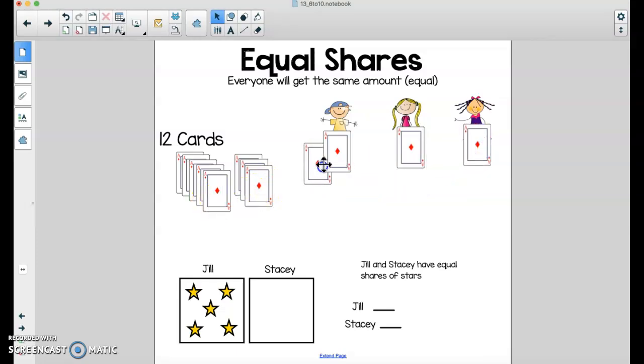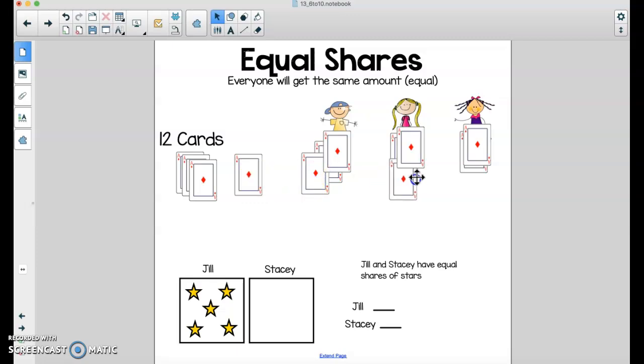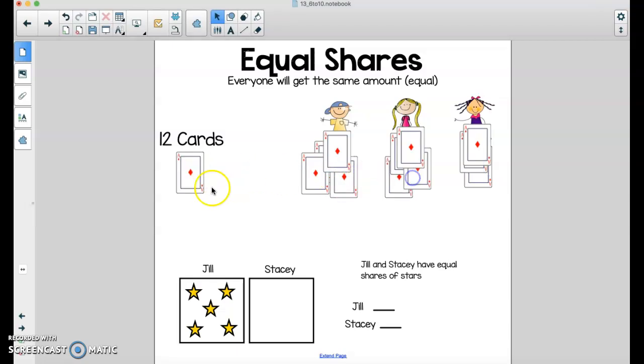Now we move it again. He gets another one, she gets another one, and she gets another one. Last time, 1 for you, 1 for you, 1 for you. So now they all have equal shares.